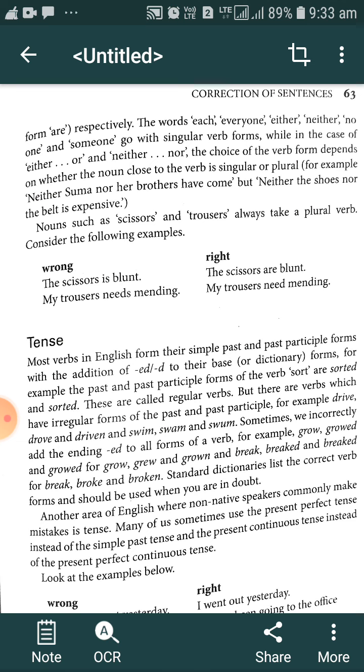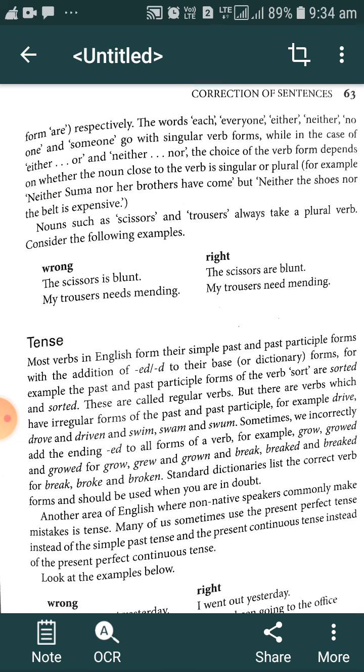Though in that sentence we can see there are two subjects, neither Suma nor her brothers, the one nearest to the verb is brothers, and brothers is in plural form. That's why we have used have instead of has. In the next sentence, neither shoes, in plural form, nor the belt, in singular form, and that belt is nearest to the verb is.